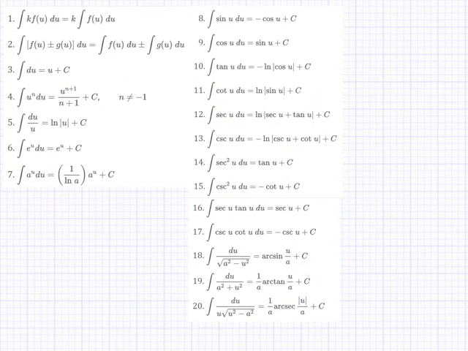So again, I'm going to say the same as I said before. Integration is definitely harder than differentiation. There's a lot of tricks and techniques that we still need to learn as it relates to integration, but this is a list of 20 integrals that you should know.